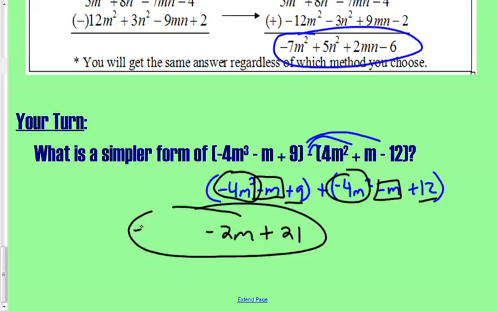Negative 4m cubed minus 4m squared, and then minus the 2m, because those you can combine, and then the plus 21. I didn't realize those are two separate exponents at first. My mistake. So that is a way of adding or subtracting polynomials, which is the second part of our goal.